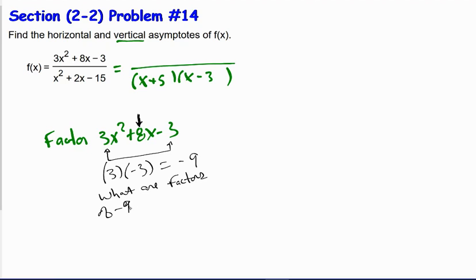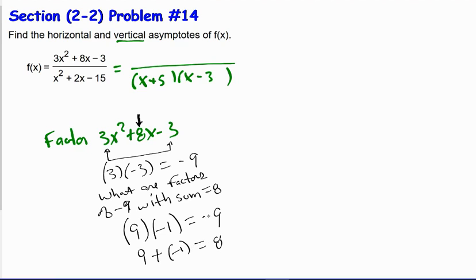So what are factors of negative 9 with sum equal to 8? 9 times negative 1 equals negative 9, and 9 plus negative 1 equals 8. So those are the two numbers we need to use, 9 and negative 1.